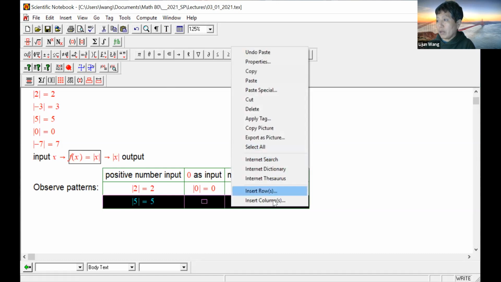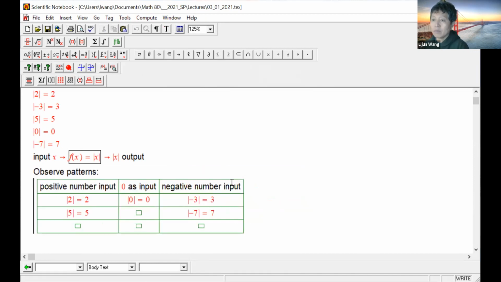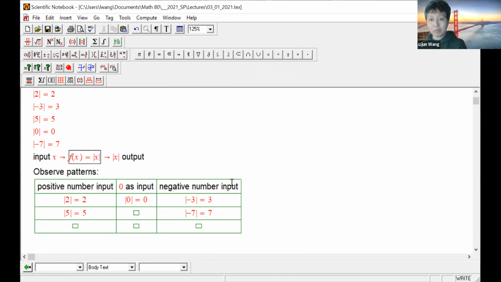So what have we found? What have we discovered when we observe these patterns? Have we observed any patterns? I'm going to give you a start, okay?